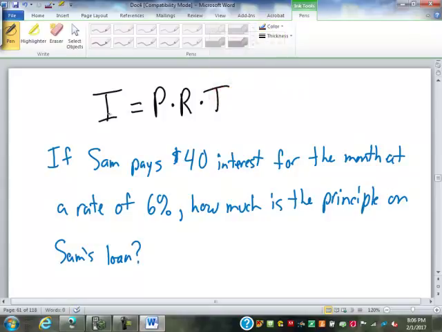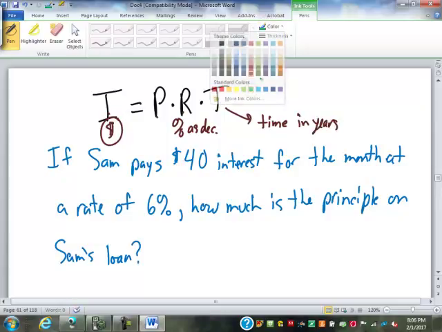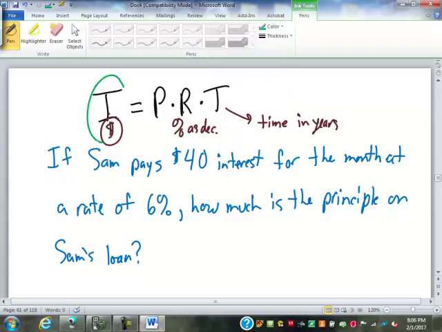So, I is the dollar amount of interest. P is principal. That is the starting amount. R is rate. That is a percent as a decimal. T is time in years. So I know I, that's the $40.